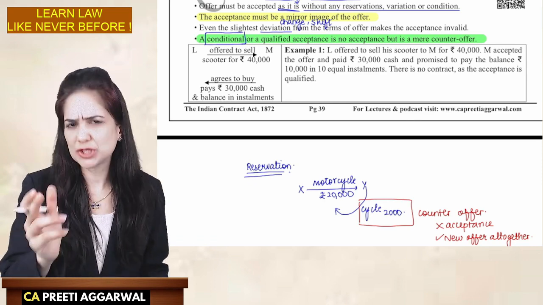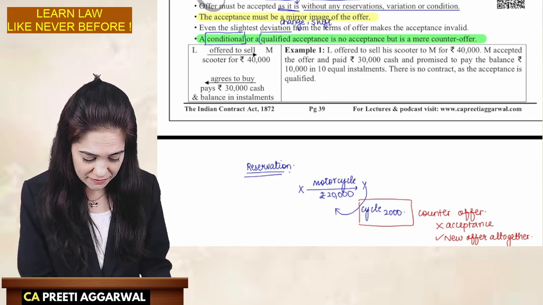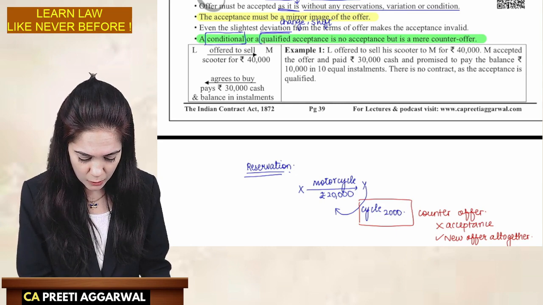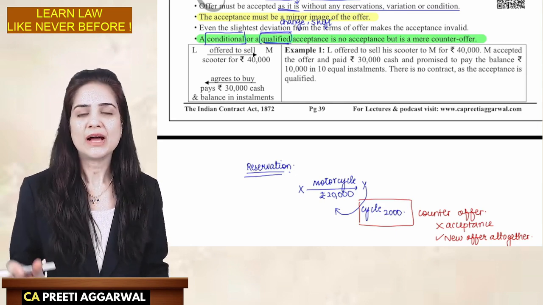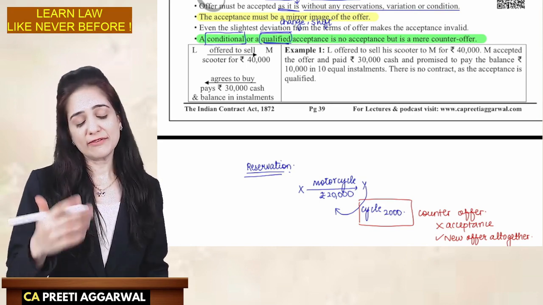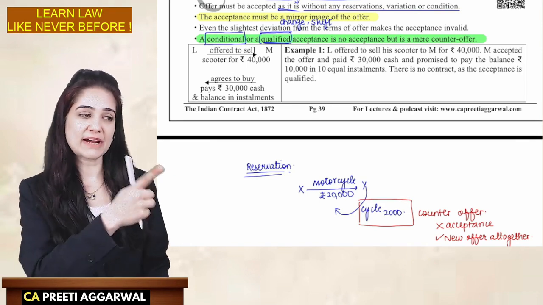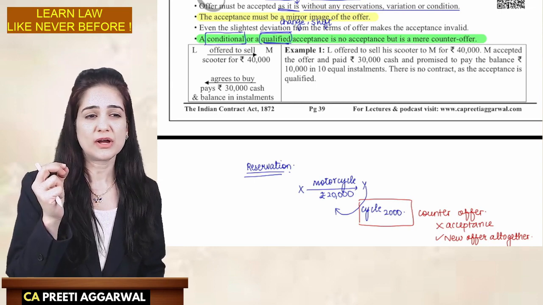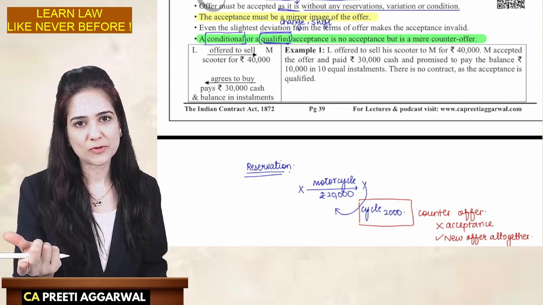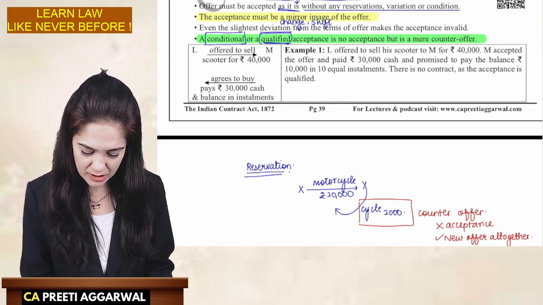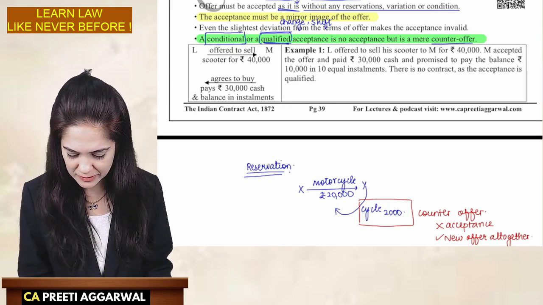So that is conditional. Qualified acceptance: you are putting some qualification, variation, reservation, condition. Qualification, I will buy this if that happens. So you're putting some kind of variation, qualification. You're qualifying the offer. Okay, that is nothing but a counter offer. It's not acceptance.